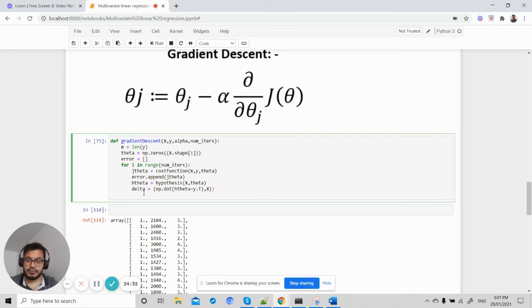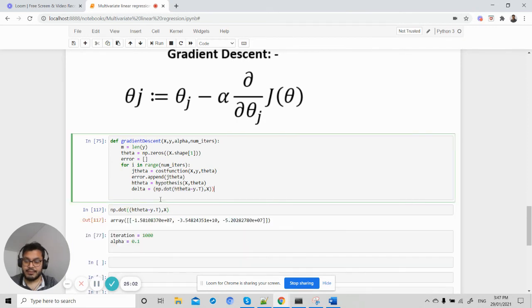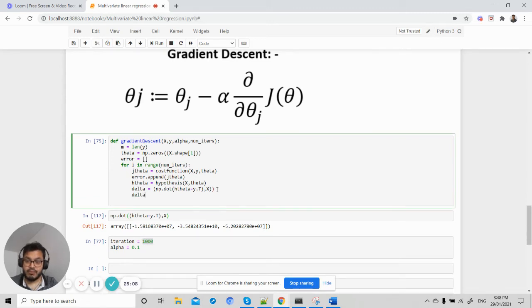Okay, and then finally if we do a multiplication of this, it will have values up to 1000, so we need to take a sum. So we need to take the sum of our delta, but the sum should be row wise, comma axis equals 0.